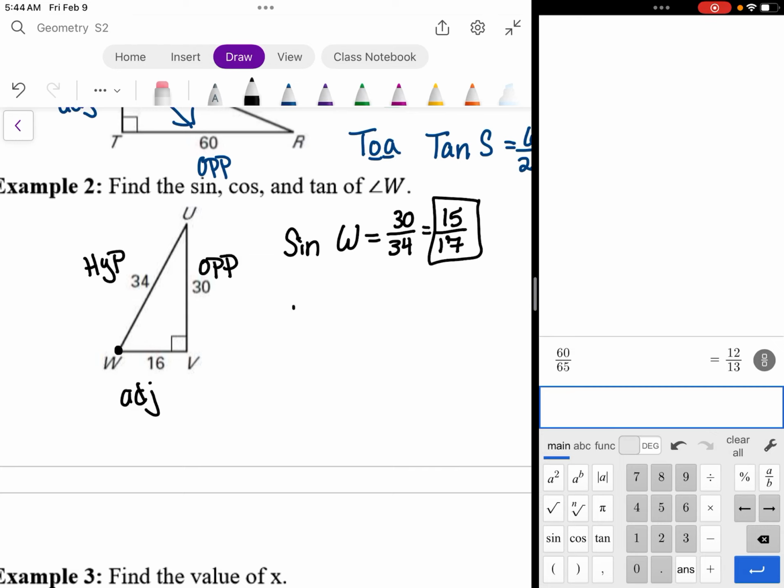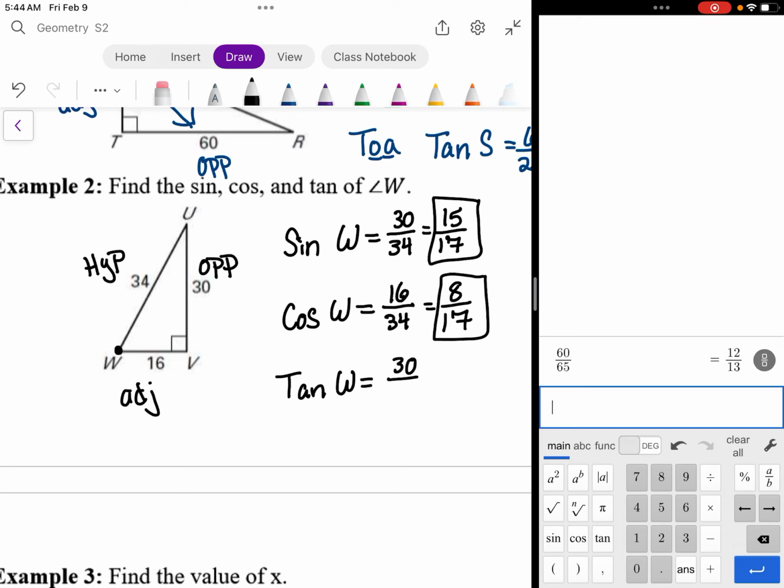Then we have to do our cosine of W, and cosine is our adjacent 16 over our hypotenuse 34. And again, if we divide these both by 2, we would get 8 over 17. Then our third one is tangent of W, and tangent is opposite over adjacent.